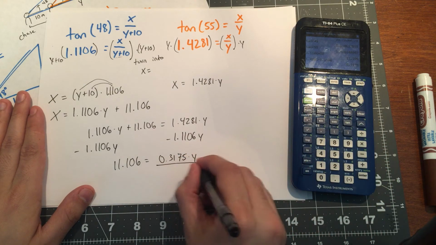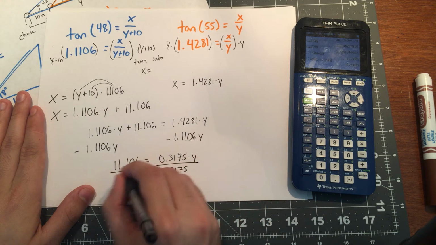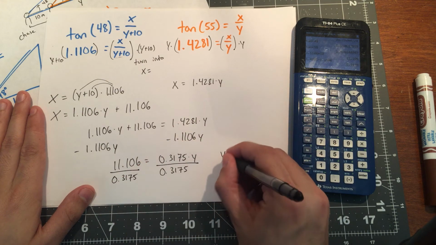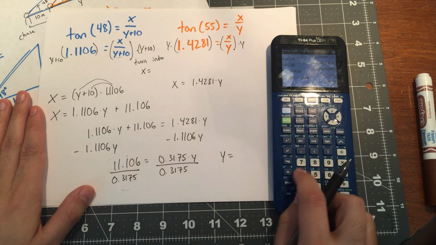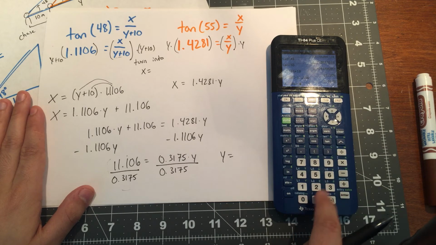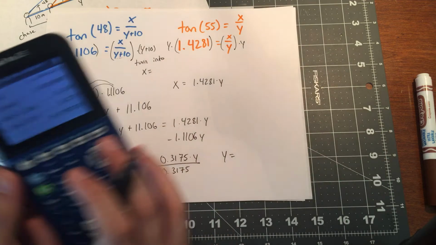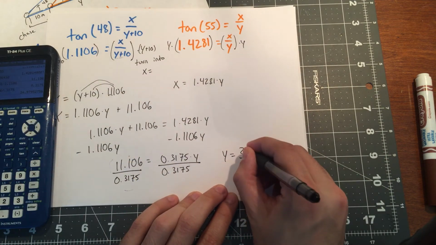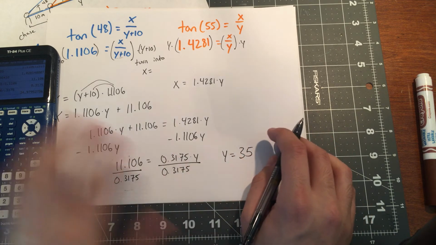And then all I have to do to get y is divide by 0.3175. So y equals, I'm going to put that in my calculator, 11.106 divided by 0.3175 is 34.979. I'm going to round that right now to one decimal place and get 35.